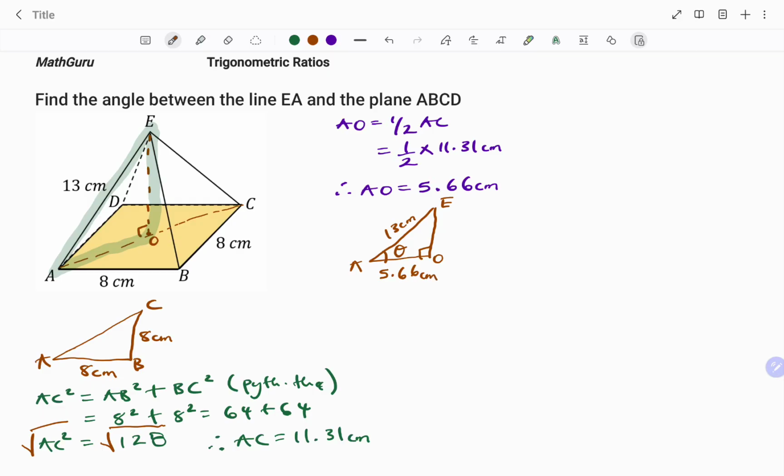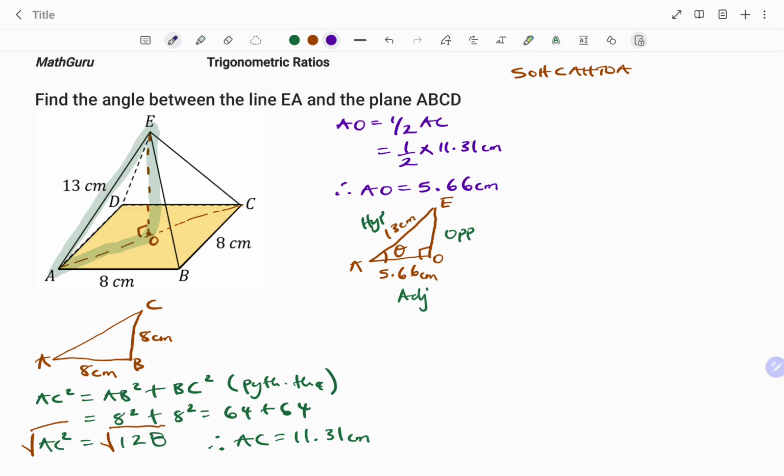Still using my SOHCAHTOA to determine the trig ratio to use, the question is, what do I have? I start by labeling the sides of my triangle. In a right angle triangle, the side facing my angle is my opposite. The longest side is my hypotenuse, and the third side is my adjacent. So the trig ratio that uses hypotenuse and adjacent is my cosine.